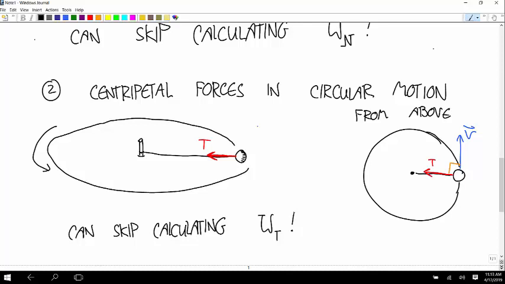Okay, so let's think about the forces acting on this ball at this instant, and think about all the work done on this ball. What kind of energy change? Yeah, it's rolling along like a glass surface or some frictionless surface.